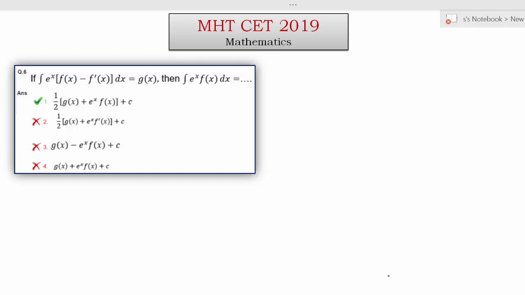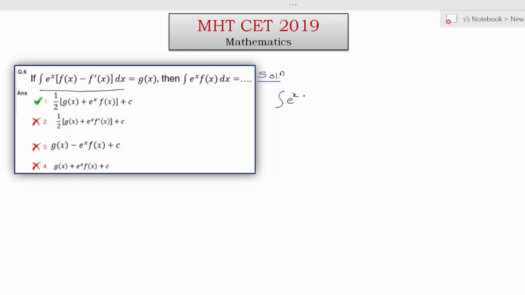Question 6 says if the integration of e raised to x into f of x minus f dash of x dx is equal to g of x, then the integration of e raised to x f of x dx is how much? Students, if you look at this carefully, it resembles one property that we studied in integration. Let's recall that property.